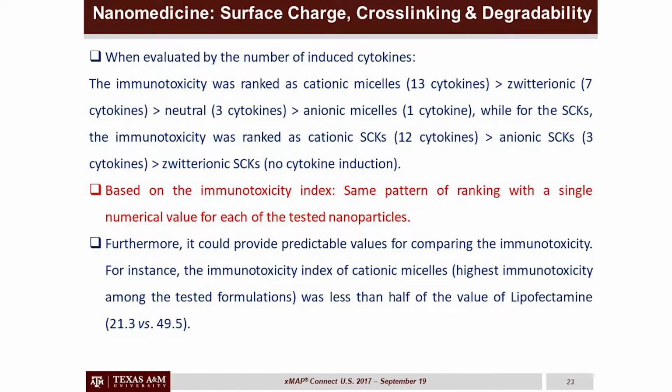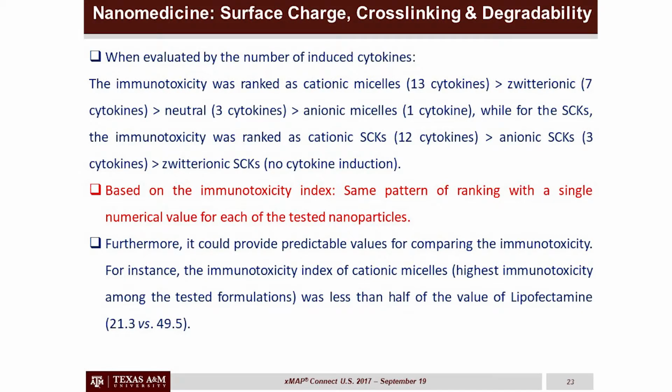At that time, when we had this huge amount of data, the only way that we could do it was to compare the number of induced cytokines. And then we could rank them, and the cationic nanoparticles were the most toxic, which is as reported in literature, usually any particles or any delivery system with cationic surface charge will be more toxic than, for example, a neutral or anionic system.